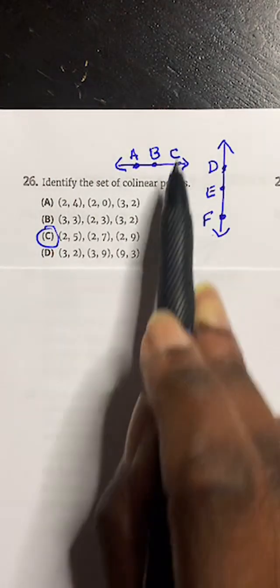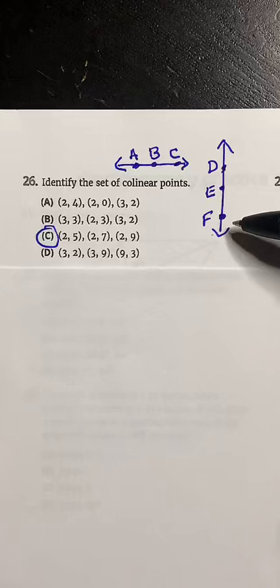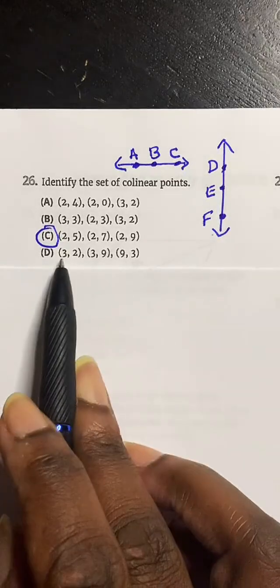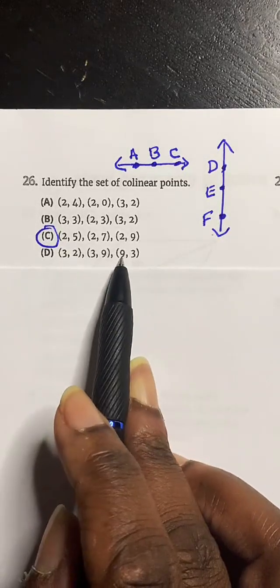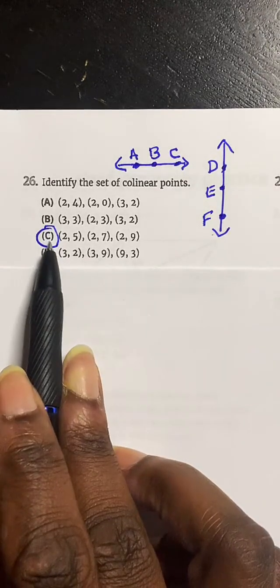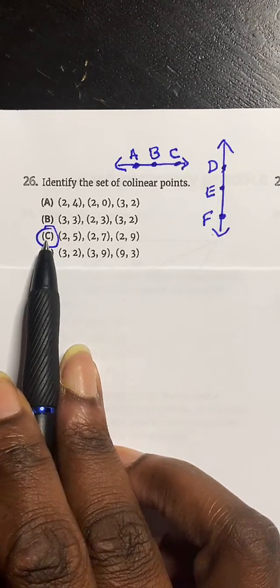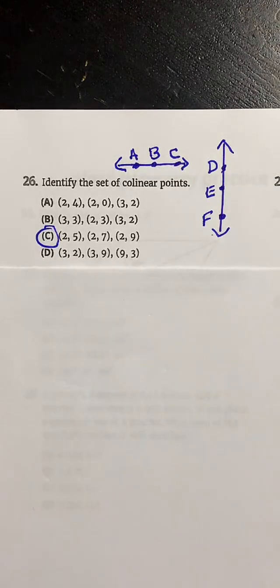So that's going to be a vertical line going straight up and down. And it's only crossing the X-axis at 2. Then down here, my X's don't all repeat and my Y's don't all repeat. So the only ones that had a repeating term, X or Y, it was letter C.